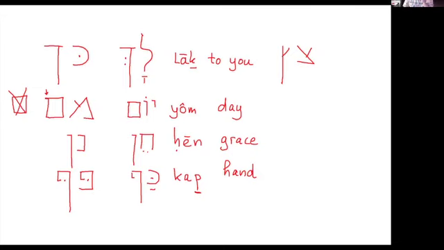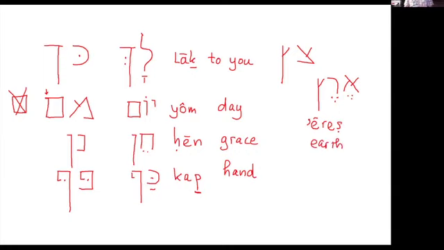And you have the word Eretz. And that means earth.